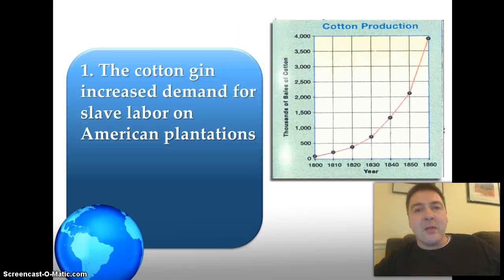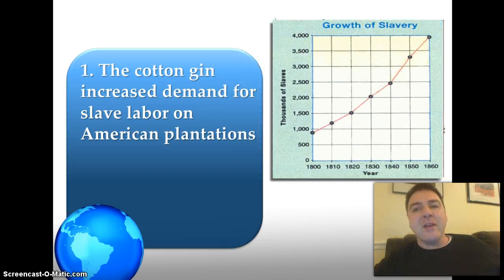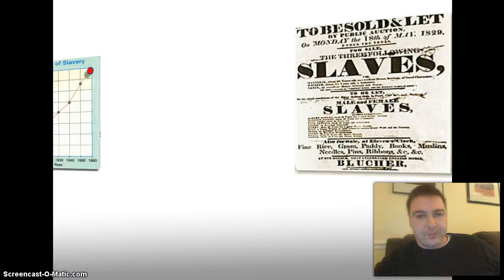We see it on this chart: as cotton production went up between 1800 and 1860, likewise the same thing happened to slaves, from under 1 million slaves to about 4 million 60 years later.